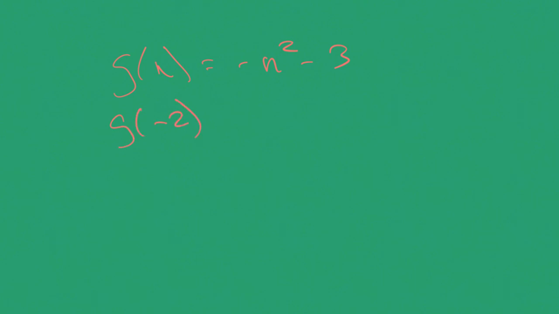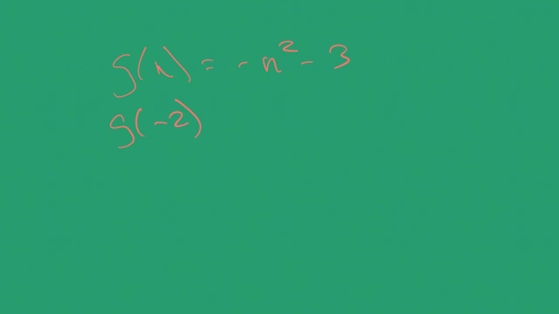Hey, take a look up here real quick. There is one of those functions. One of those functions is g of n. G of n equals negative n squared minus 3. They want you to evaluate g of negative 2.